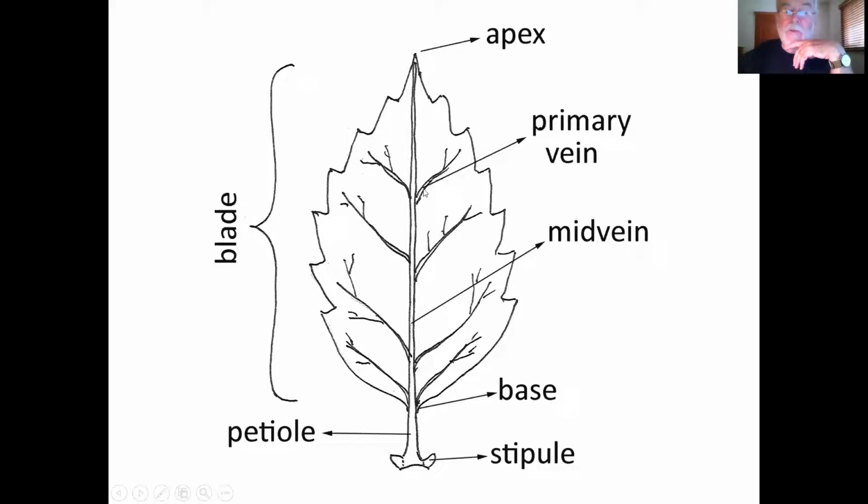The midvein is ramified into primary veins that are then ramified themselves into secondary or tertiary veins until they irrigate the whole blade. The tip of the leaf is known as the apex.